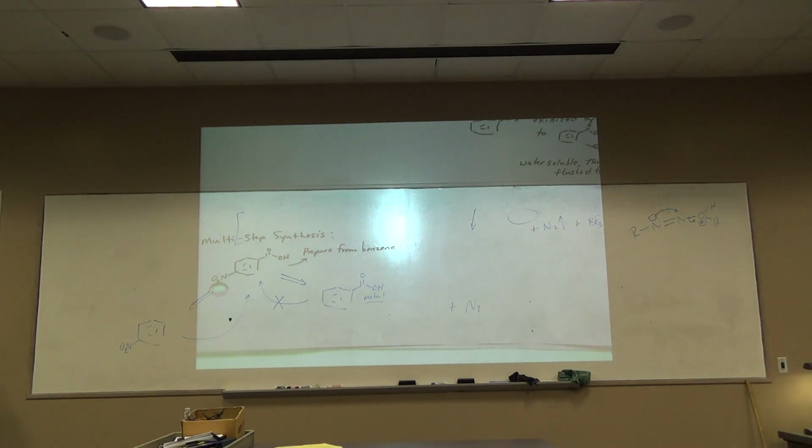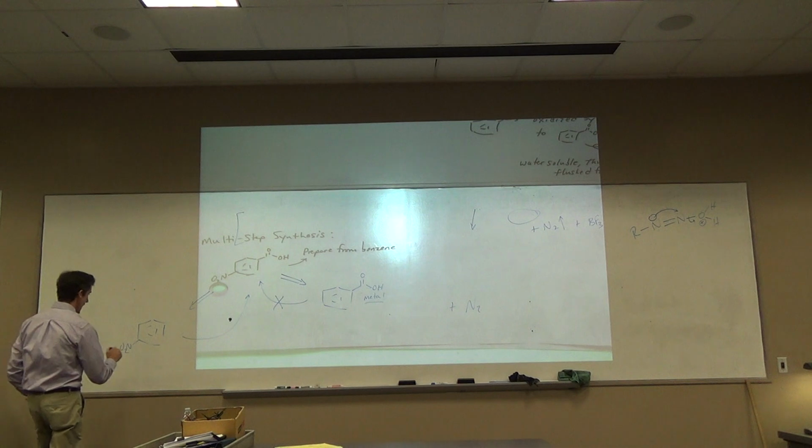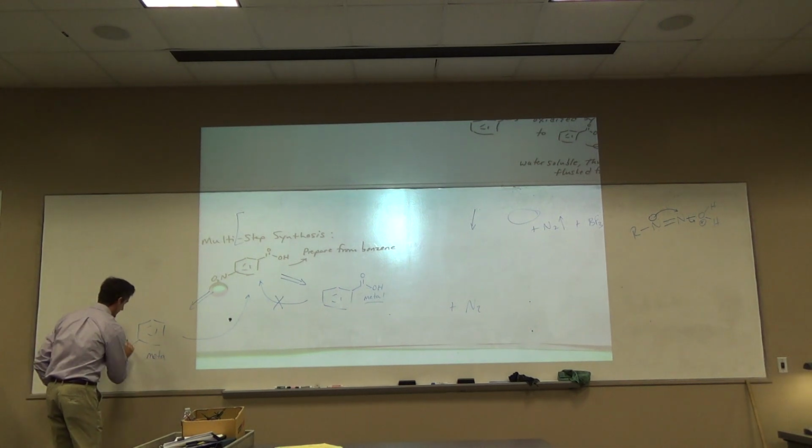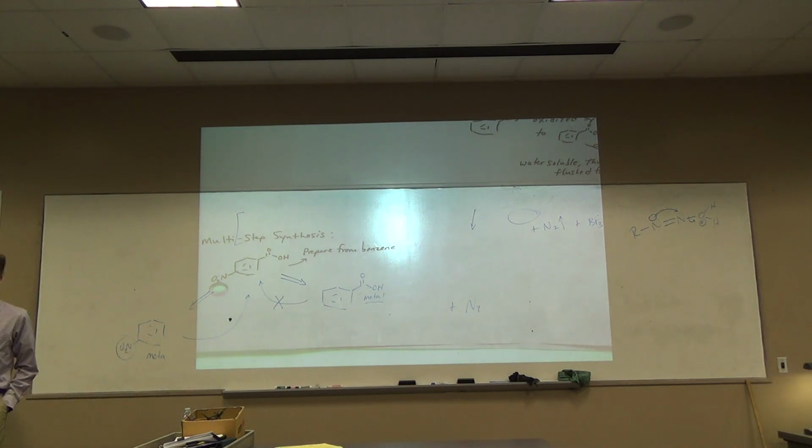Nitro is also a meta director. So any reaction we do, whether direct or indirect, we have the wrong director, because the new group needs to go para. Both of these are meta directors. So can we even make this compound? Yes.